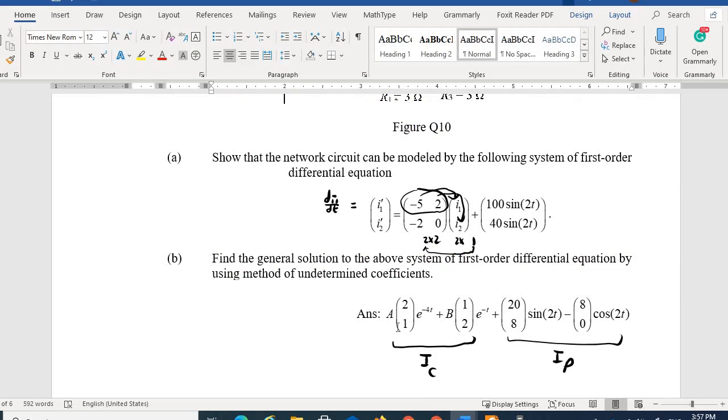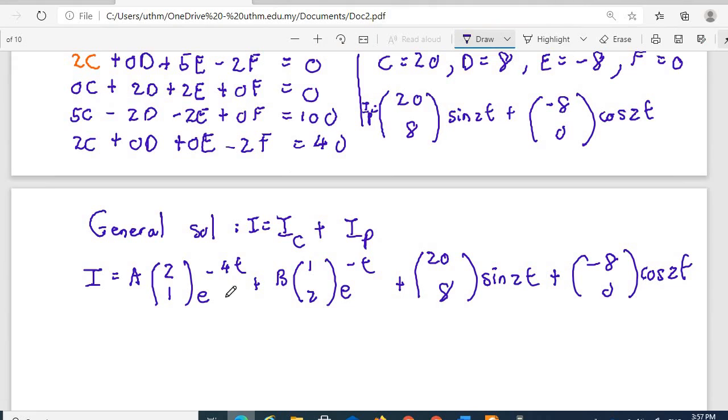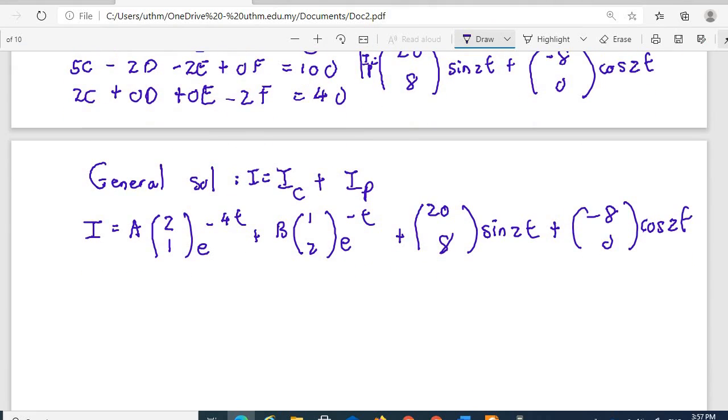Up to here, we found the general solution to this non-homogeneous system using the method of undetermined coefficients. So if you want to find the particular solution, they must give you the initial condition.